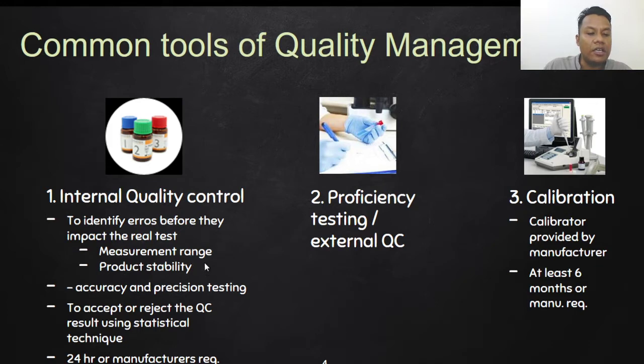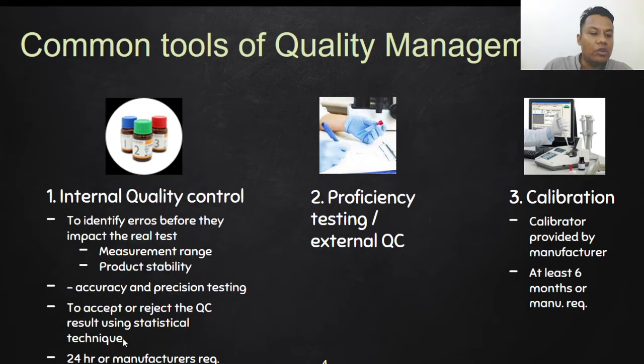Of course, in analyzers and procedures, we are dealing with a lot of reagents. They have their expiry date, they have their limitations, exposure to the environment, exposure to temperature might affect their stability. So we can perform quality control in order to check the product stability.